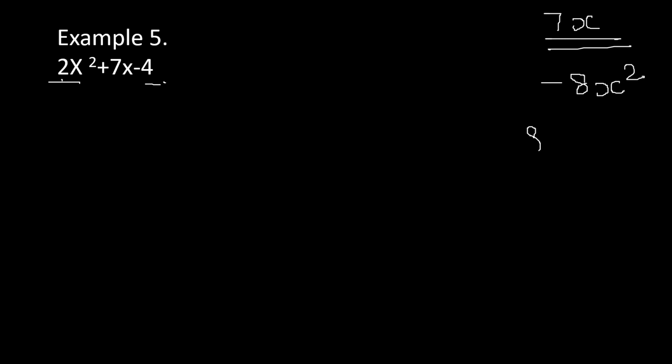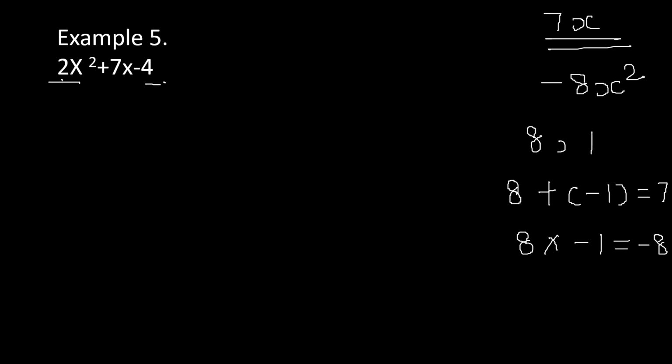Now, what about 8 and 1? If I take 8 and minus 1, it will give the sum 7. If I multiply 8 with minus 1, it will give us minus 8. So, is this perfect for this? Yes. Then 2x square plus 8x minus x, you can write 1x also, minus 4.